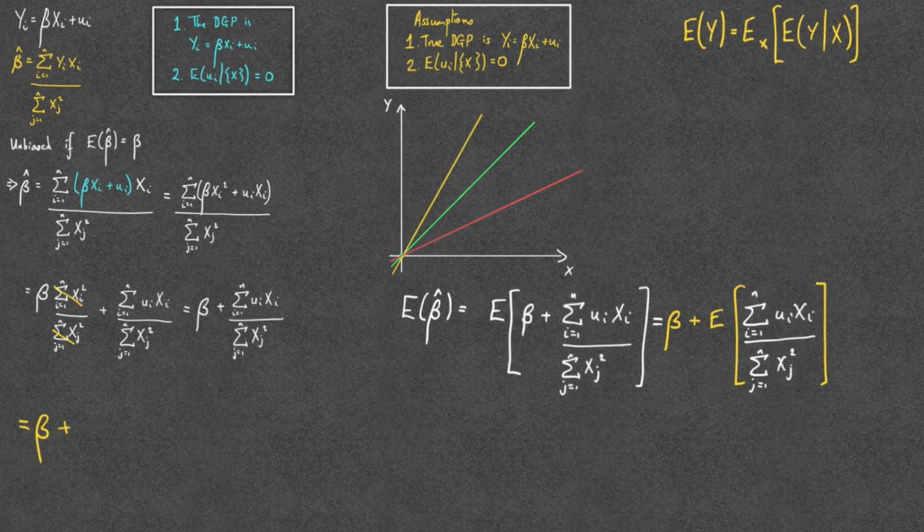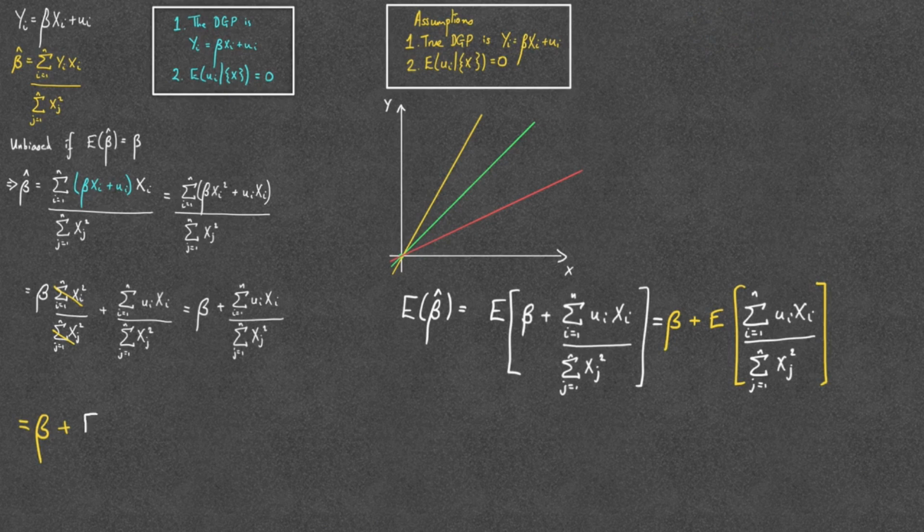So this is equivalent to weighting all of the conditional expectations by the relevant probabilities of x.